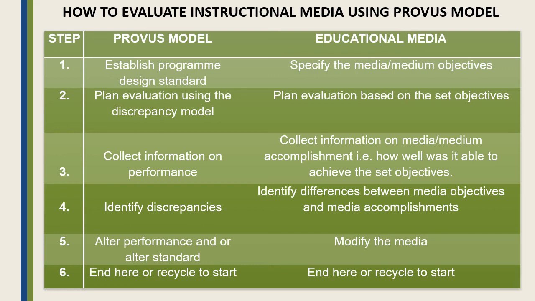That is the 5th step, and it is very, very critical, because that tells you whether you want to modify that instructional material, whether you want to put 1 or 2 touches to ensure that it's looking like the standard, or to ensure that you are at least very, very close to what the set objectives are.